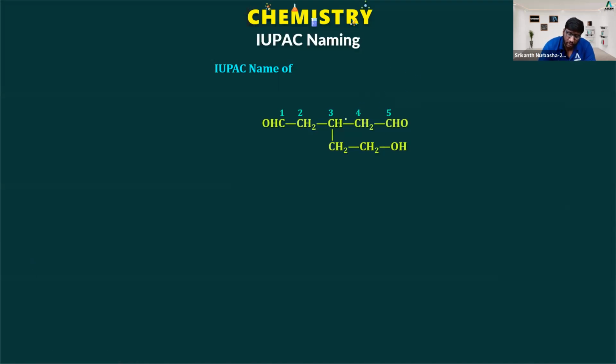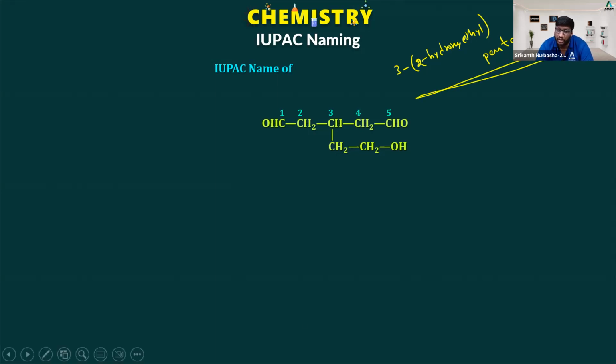Naming you have again, we can give in another way also, not an issue. Same third number you're getting. So 3-(2-hydroxyethyl), this is a complex substituent done. We have 5 carbons, so pent, and carbon-carbon single bond only present, so pentane. On the first and fifth positions, we have CHO, that is diol. So 3-(2-hydroxyethyl)pentane-1,5-diol, that is the correct name.